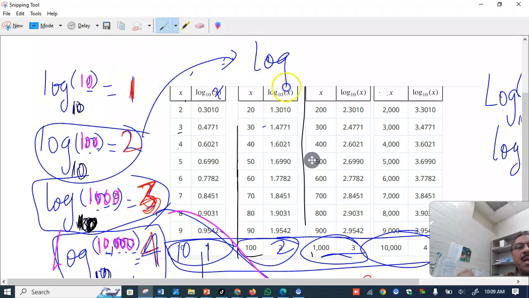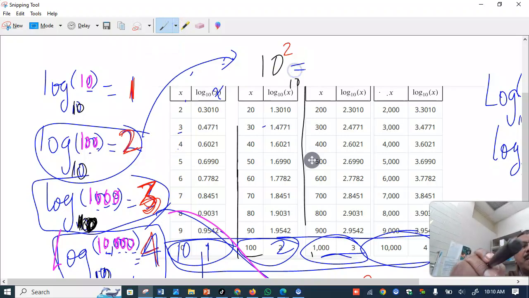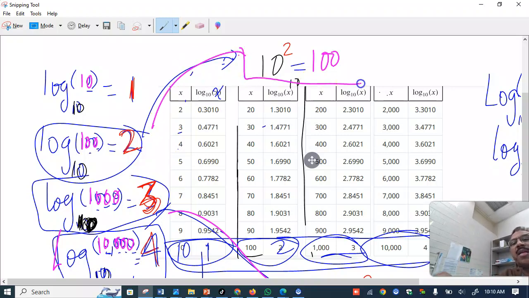So let's put a logarithm, log base the black 10, and you can see, sorry, it means you are using the black 10 raised to the 10 raised to this 2 equals 100, sorry. So 10 square. So this piece is written in the equation.